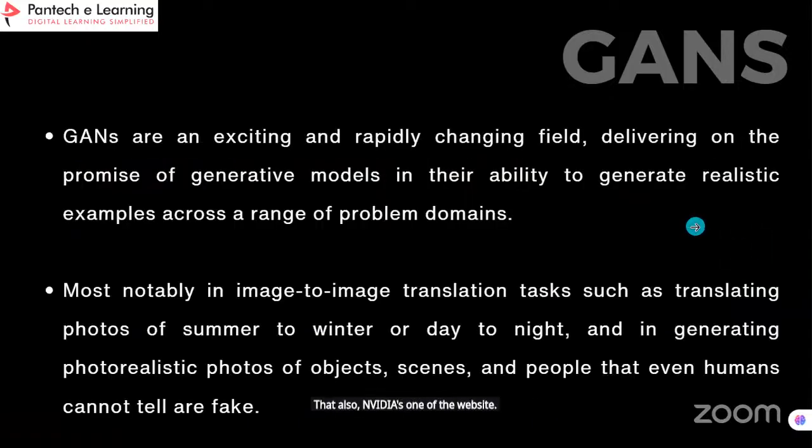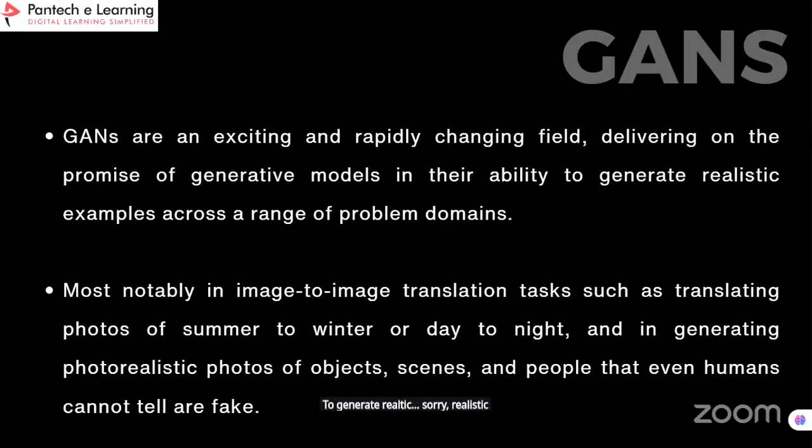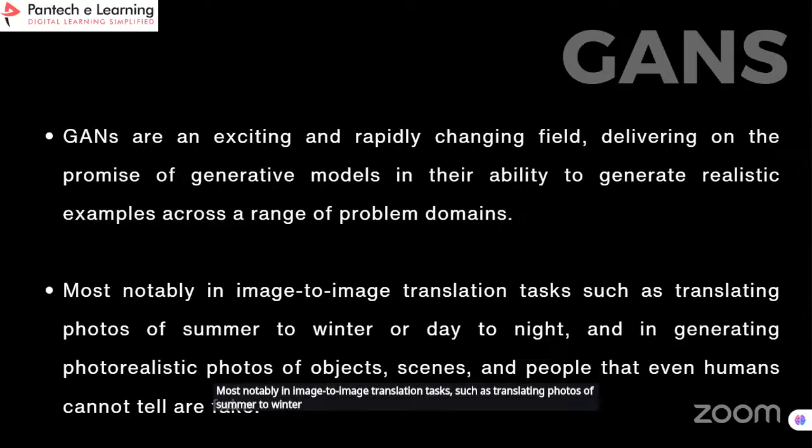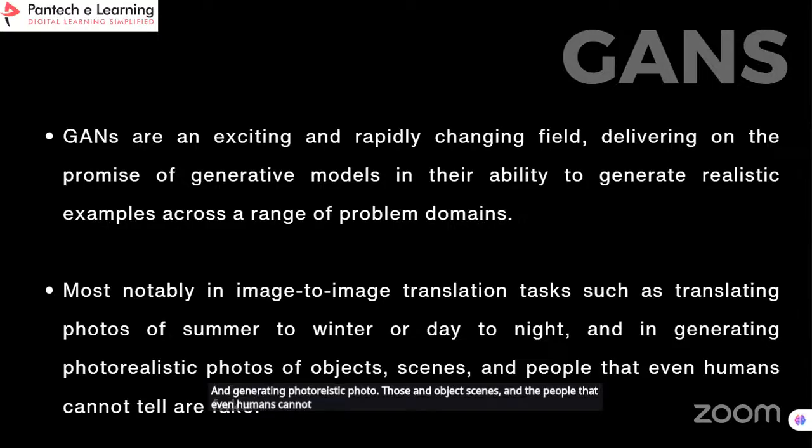The next point: GANs are an exciting and rapidly changing field, delivering on the promise of generative models in their ability to generate realistic examples across a range of problem domains. Most notably this is in image-to-image translation tasks, such as translating photos of summer to winter, day to night, and generating photorealistic photos of objects, scenes and people that even humans cannot tell are fake.